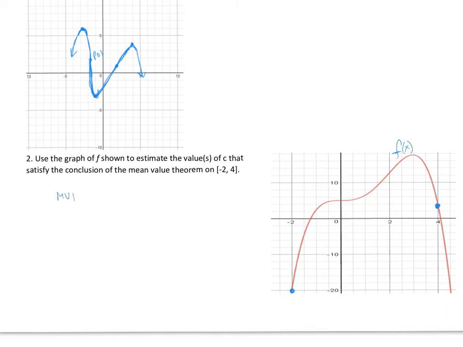Well, MVT basically, in a nutshell, states that the secant connecting the two ends, from this end to that end, will have spots where the tangent will be parallel, so they'll have the same slope. So what we need to do is draw the secant.